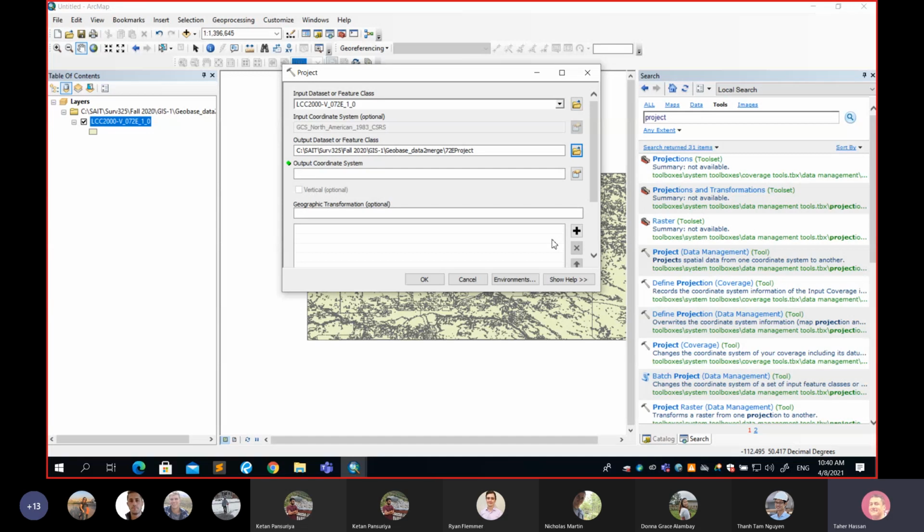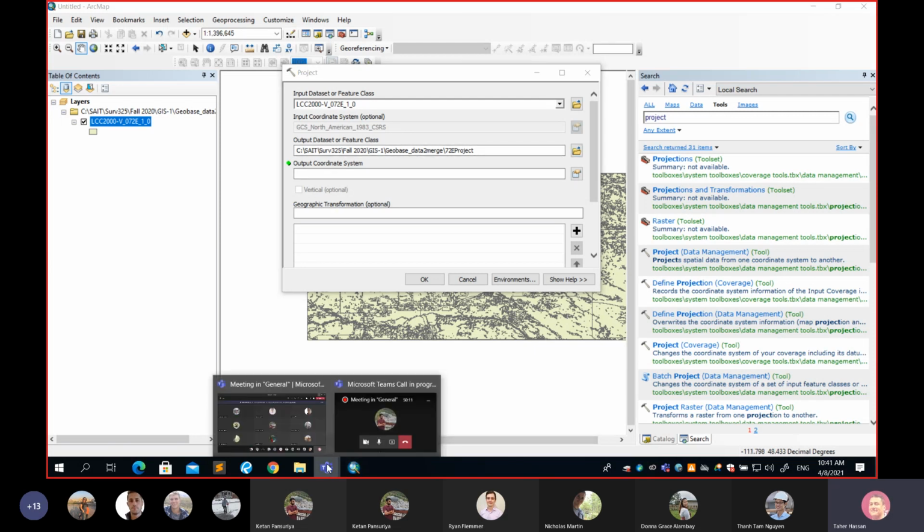So what am I missing? If you think about it, you will see I need to tell the software what my destination is. I'm going from this file here, North American Datum CSRS, to another coordinate system. So what you want to do is define what your output coordinate system should be. Do you guys agree? Show me your hands if you agree.